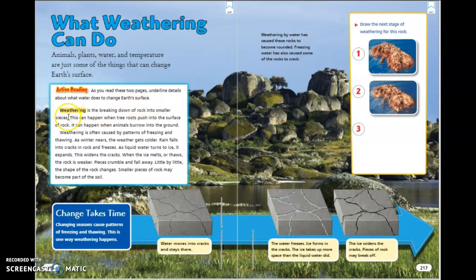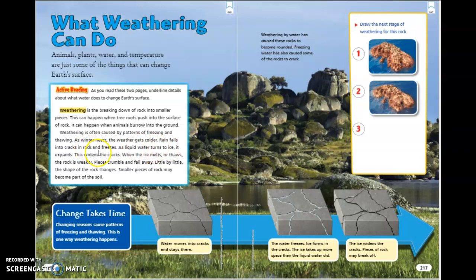Here's the reading. Weathering is the breaking down of rock into smaller pieces. This can happen when tree roots push into the surface of rock. It can happen when animals burrow into the ground. Weathering is often caused by patterns of freezing and thawing. As winter nears, the weather gets colder.